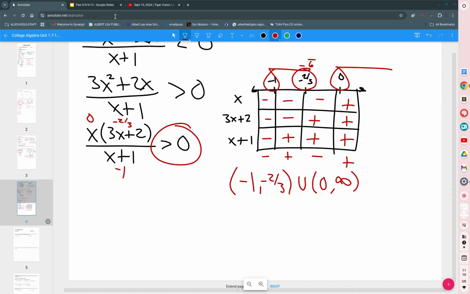To discard 5 and -1 from our solution, we simply have to get rid of the bracket and switch it to a parenthesis. It wants to be a bracket, but you can never include something that gives you 0 in the denominator. So basically, if it's on the bottom, it is always going to be a parenthesis.